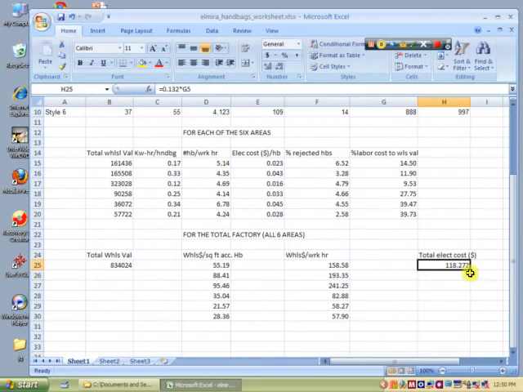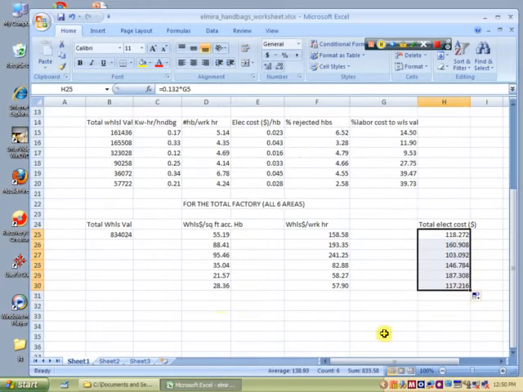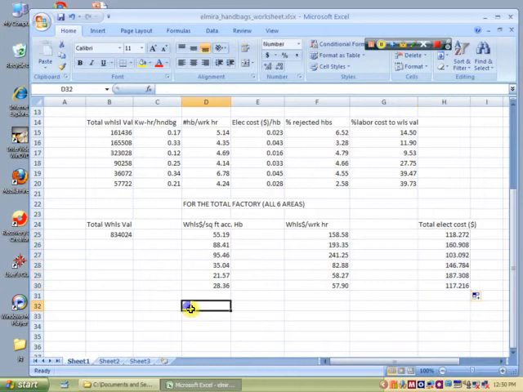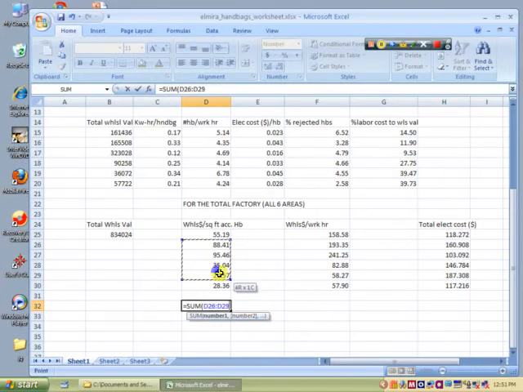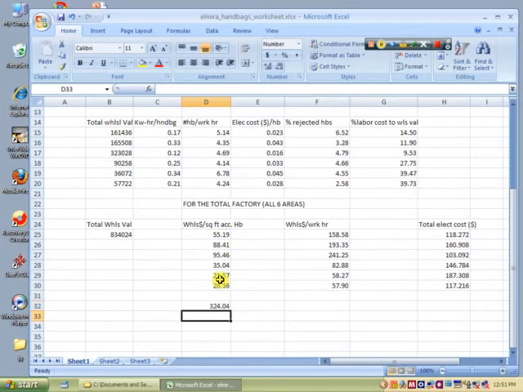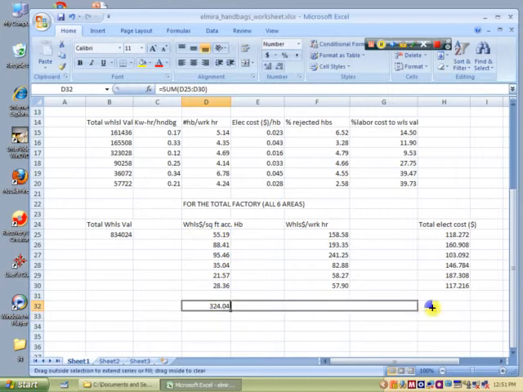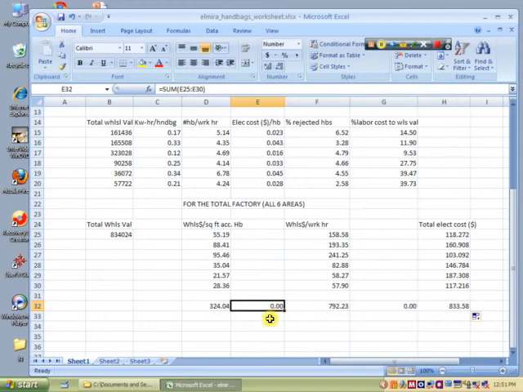And there's your total electric cost in dollars for your first style, second style, etc. Now for the whole factory, we'll add them up. So that's equals SUM, double click on sum, add up, whoops, sorry. And we could do that for the other two, or just drag across and eliminate the zeros later. I find that easier. We'll just eliminate the 0 here.